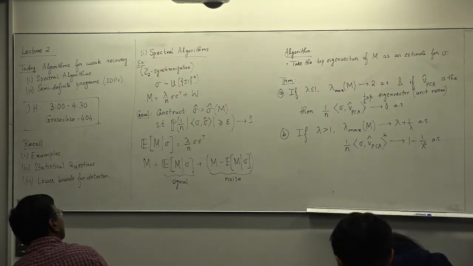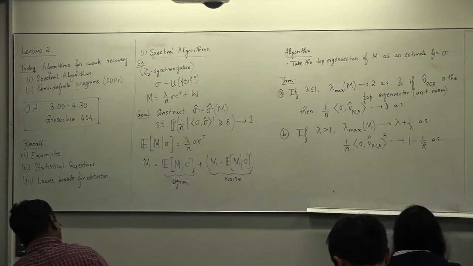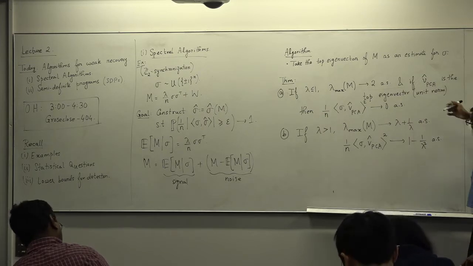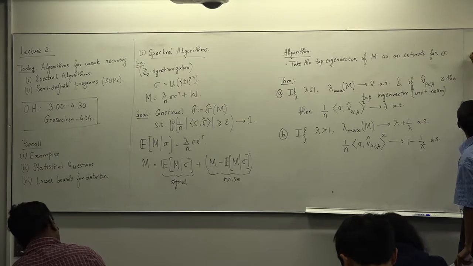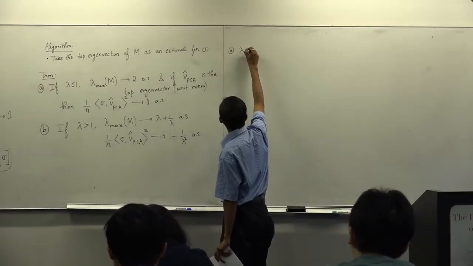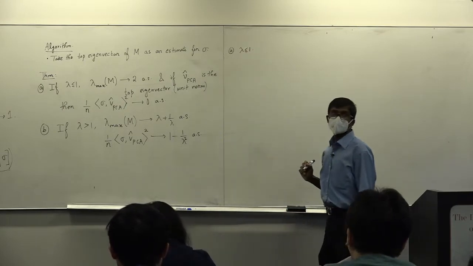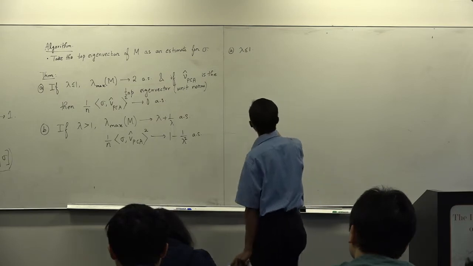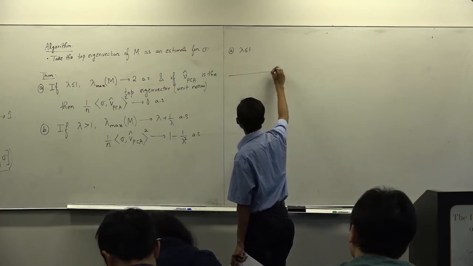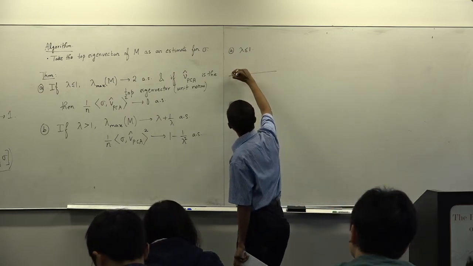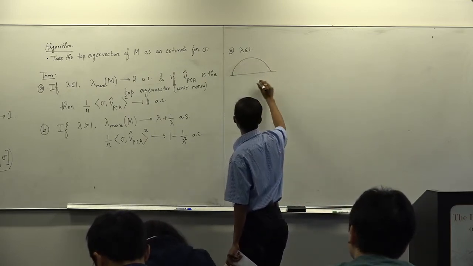Okay, so let's parse this statement for a bit. There are two cases. One case is, what happens for lambda less than or equal to 1. Actually, if you look at this matrix M and its entire spectral distribution, the empirical distribution of the eigenvalues, it converges to the so-called semicircle distribution.